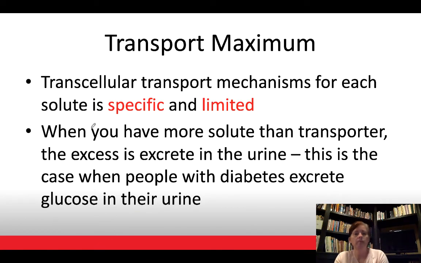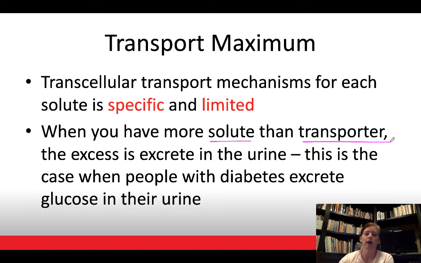Okay, so there is a kind of maximum in terms of transportation for each solute that we see. When we have transcellular reabsorption, we have specific carriers for each type of solute. And if you have more solute than the transporters to carry that solute, then that solute doesn't get reabsorbed.